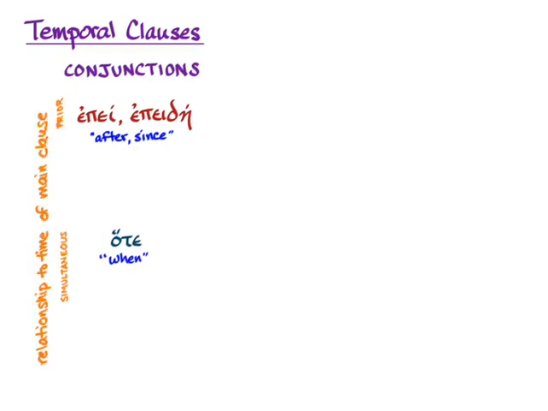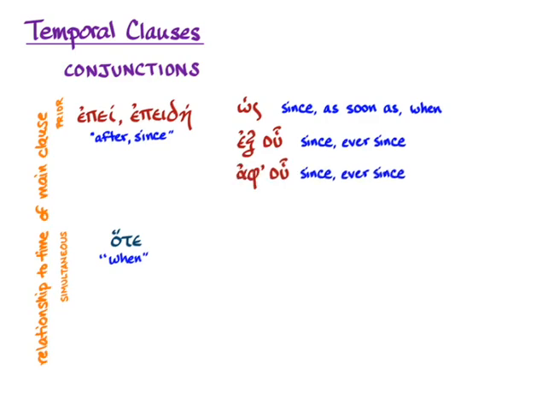So you will find for prior action, for clauses that tell you what happens in the time before the main clause, you'll also see in Greek that you read out in the wild, ex hou, from the time when, or is what that means more literally. So since, ever since, and aph hou, which will mean since or ever since.